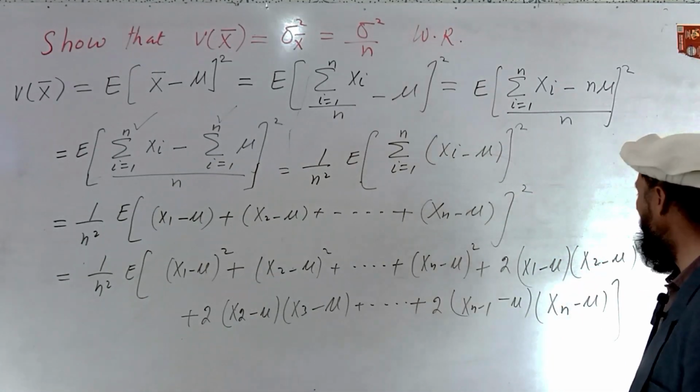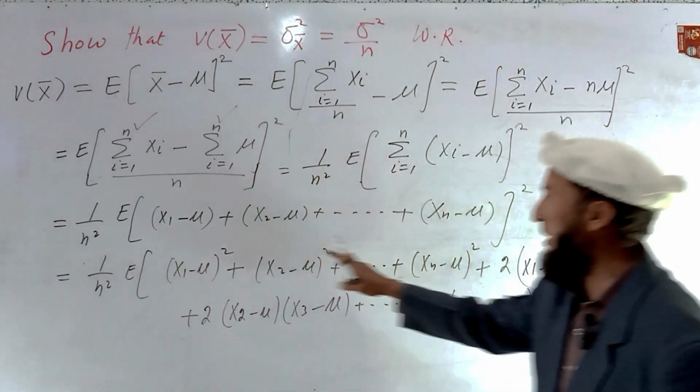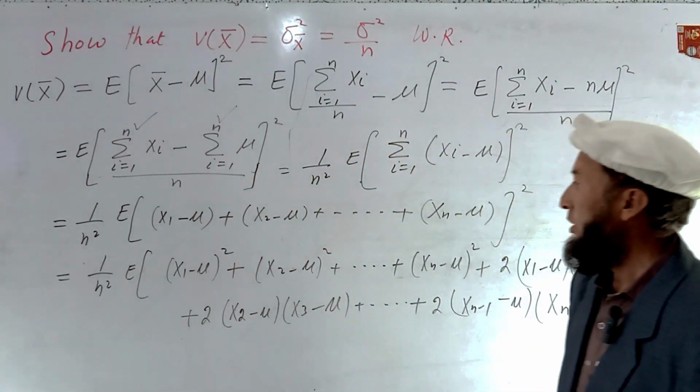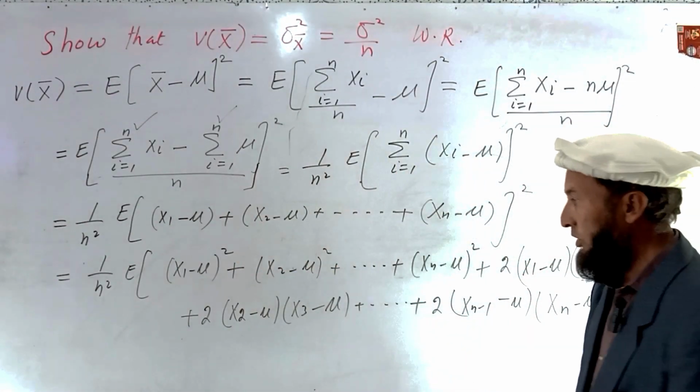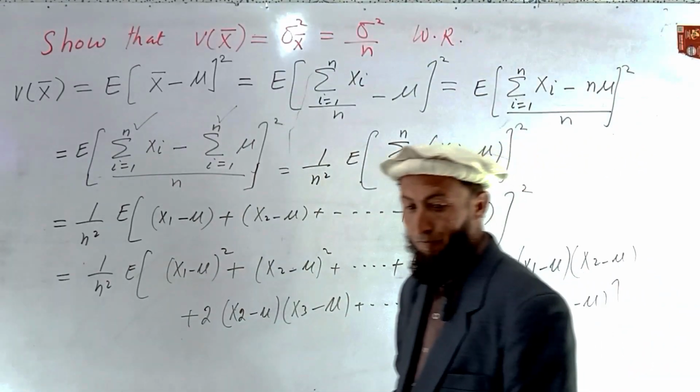In the last term we get this according to the expansion of a square plus b square plus 2ab plus 2abc plus 2ca, up to so on.